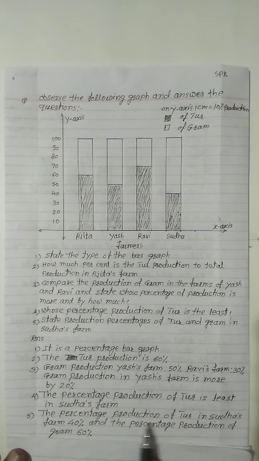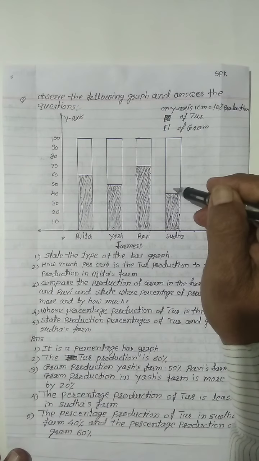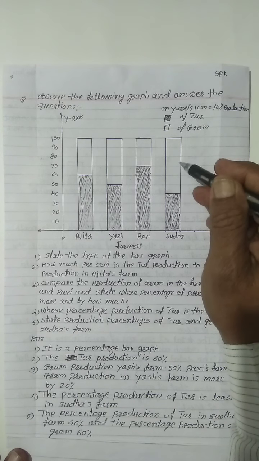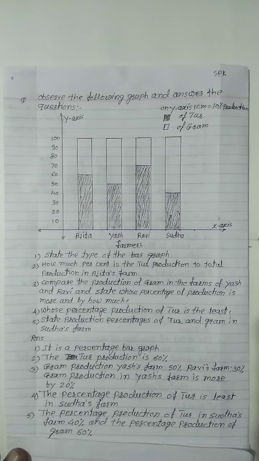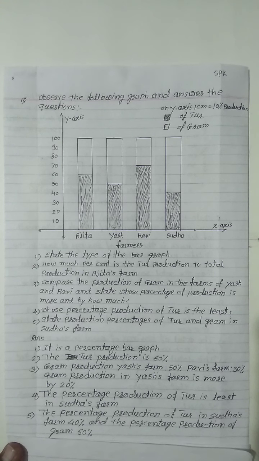The percentage production of tur in Sudha's farm is 40 and the percentage production of gram above is 60. See, 10, 20, 30, 40, 50 and 60. In this way we can write down the answer of the given question, which depends on the graph.